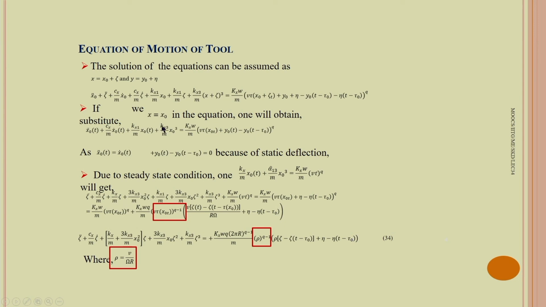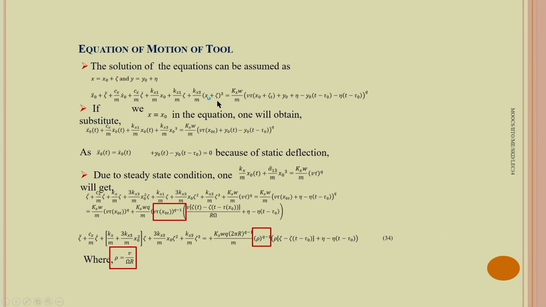So, you just see when you expand this term, x plus zeta cube. Here you have put x equal to x0 plus zeta. If you expand this, it becomes x0 cube plus zeta cube plus 3 x0 square zeta plus 3 x0 into zeta square.